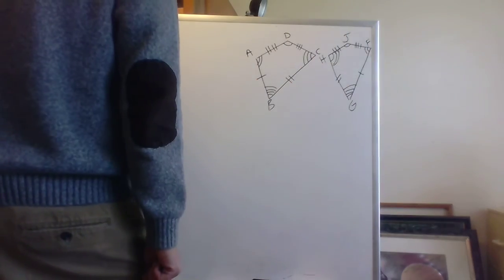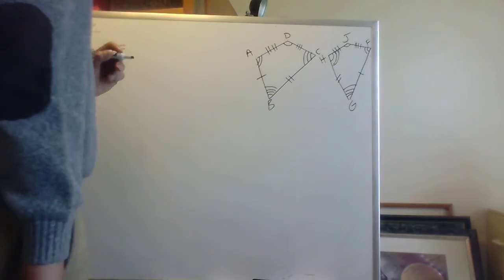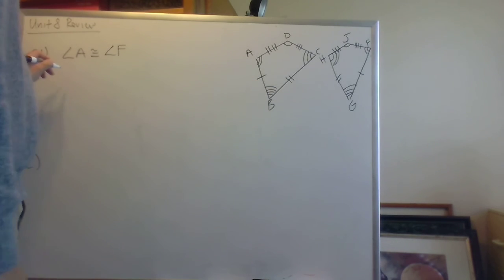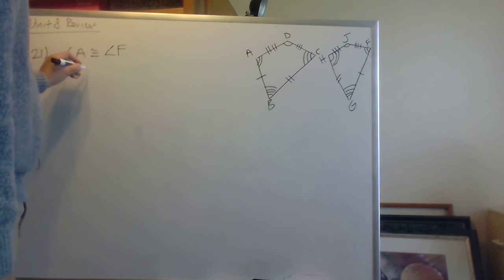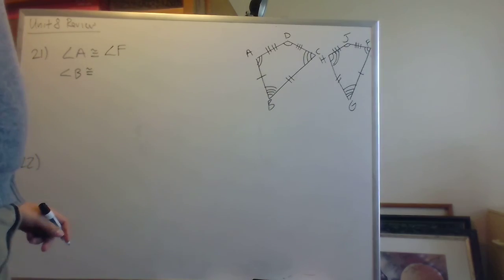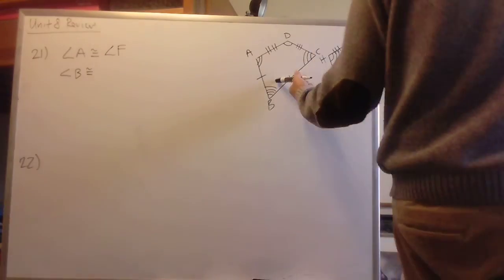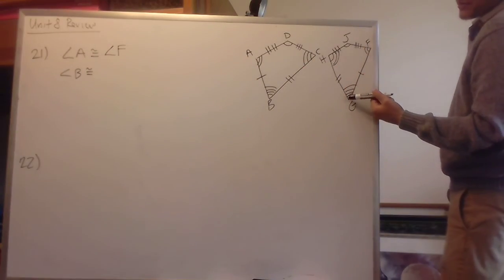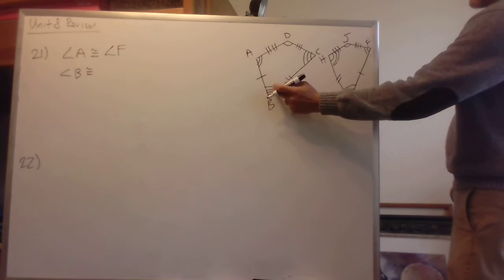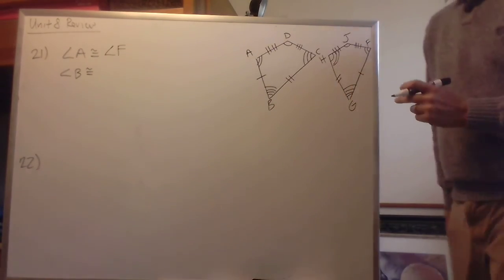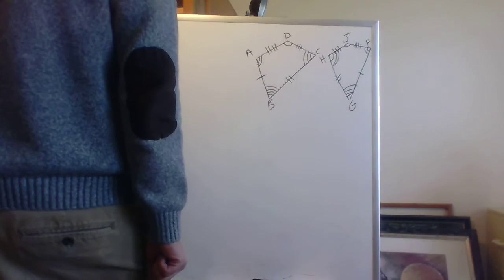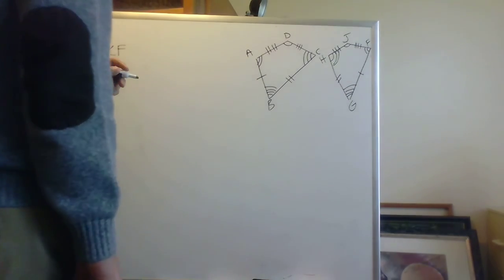So that means that angle F and angle A are congruent. Then we go to angle B. Angle B has 4 of these angle marks, and we go over and look, angle G has the same thing. So there's 4 right there, 4 at G. So angle B is congruent to angle G.